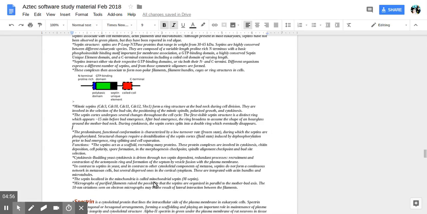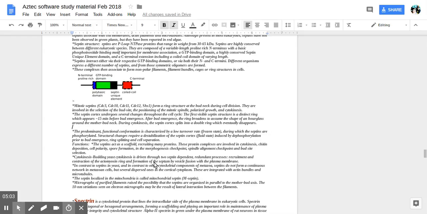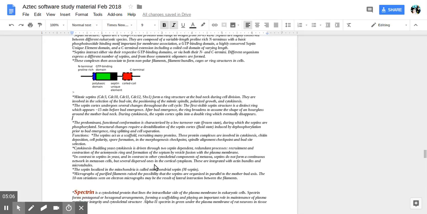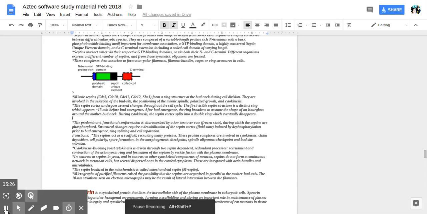And you have vesicle fusion with the plasma membrane, so it interacts with the membrane of the cell as well. In contrast to septins in yeast, in contrast with other cytoskeletal components of metazoa, septins do not form a continuous network in metazoan cells, but several dispersed ones in the cortical cytoplasm.